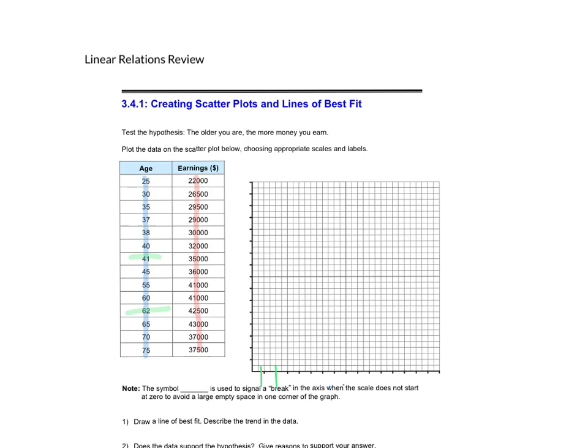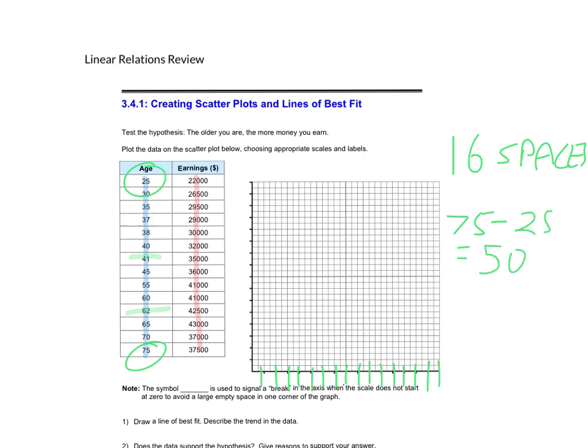So 1, 2, 3, 4, 5, 6, 7, 8, 9, 10, 11, 12, 13, 14, 15, 16 spaces. We then look at our highest value, which is 75, and we take away our lowest value, which is 25. That gives us 50 values that we need to count within 16 spaces.